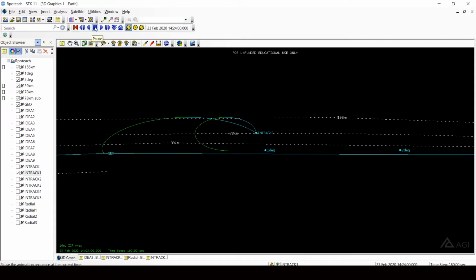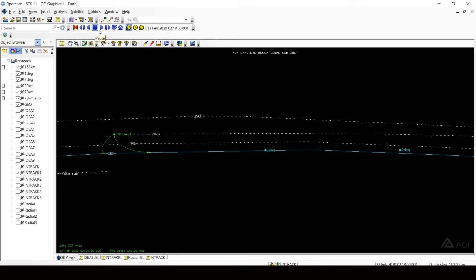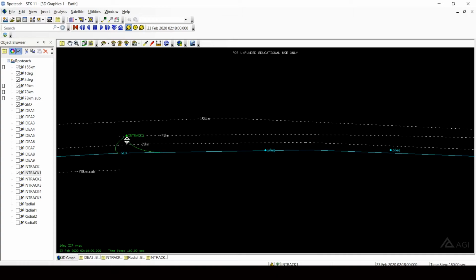So when we get back to this point earlier, when we're crossing the 78 kilometer point in the geo belt, I know that all I need to do is stop my radial motion and I can linearize this drift because I will have satisfied the requirement that I am at a semi-major axis point of 78 kilometers.